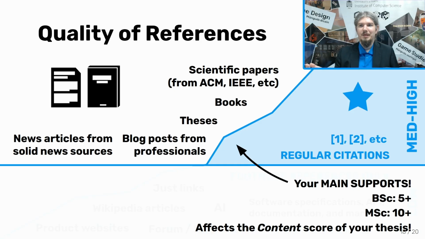Game design 30 years ago was probably quite different from game design 5 years ago. So be also critical about the publication times of your references. As mentioned, it affects your content score. If you have too few references, too few supports, then your content is weaker, it's not supported enough, and your content score can fall.